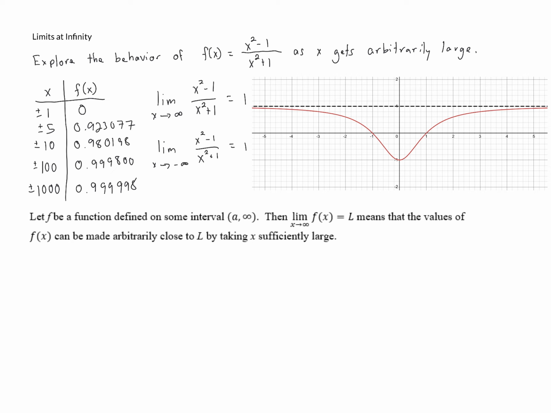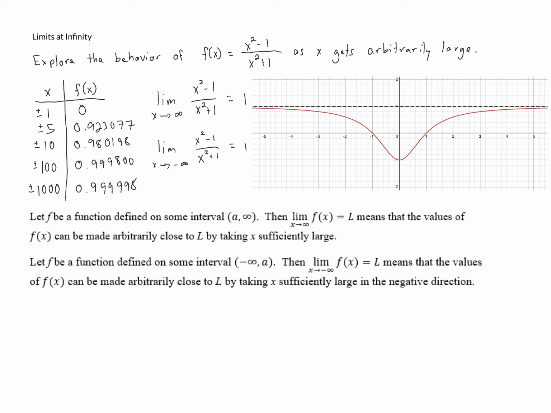And we can also say the same thing about a limit as x approaches negative infinity. In that case, we need f to be a function that's defined on some open interval from negative infinity to a. So it's got to be defined to the left, basically, at some point. Doesn't matter if there's a point where it's not defined.